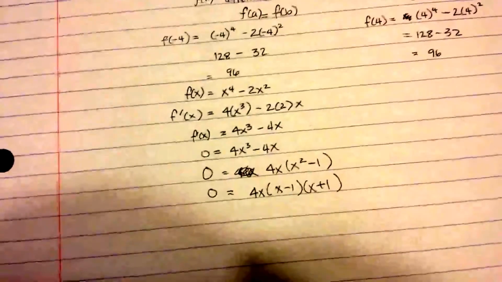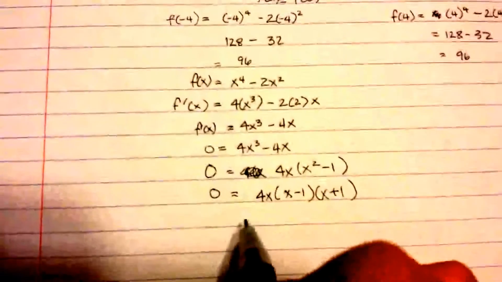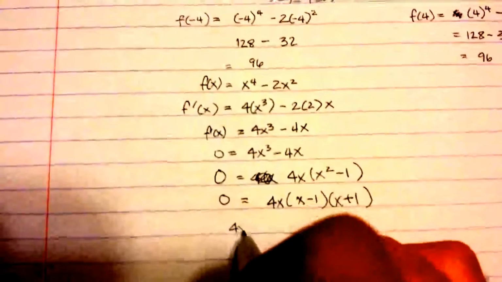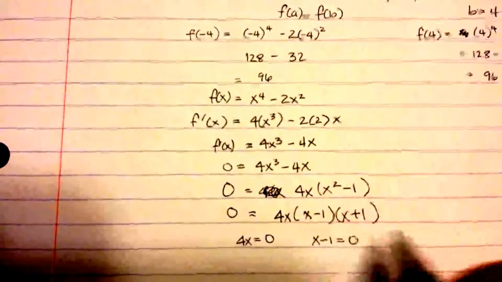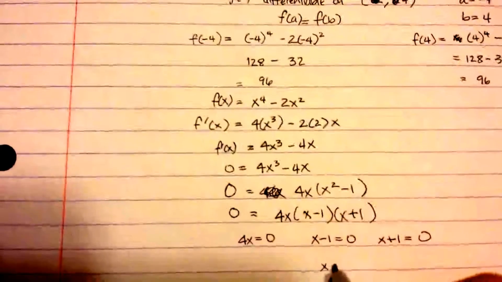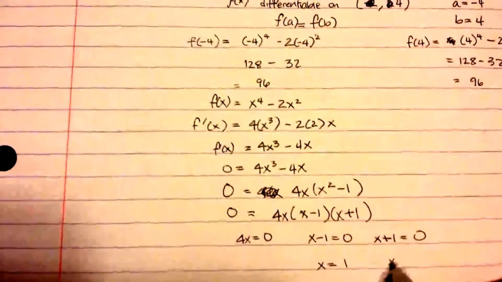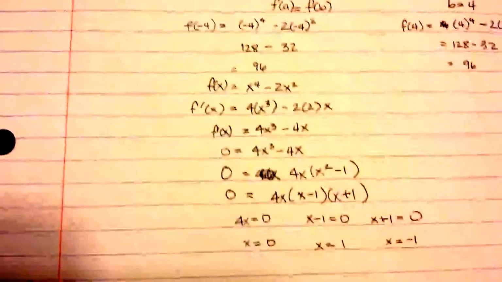Now that we have this, we can solve for x. So we can say 4x equals 0, x minus 1 is equal to 0, and x plus 1 is equal to 0. And when we solve for x, we get x equals 1, x equals -1, and x equals 0.